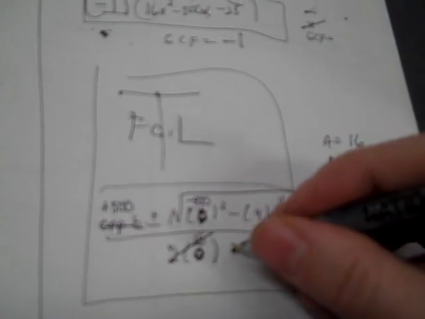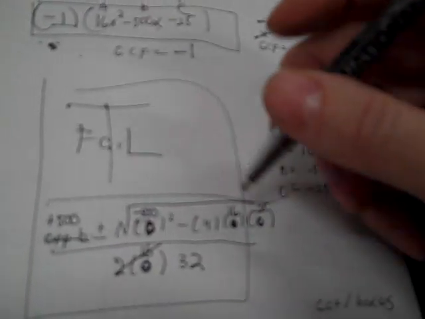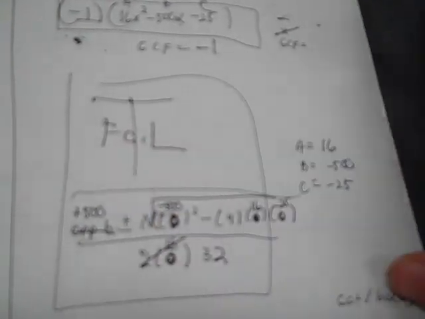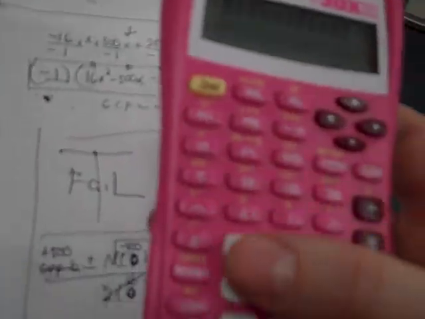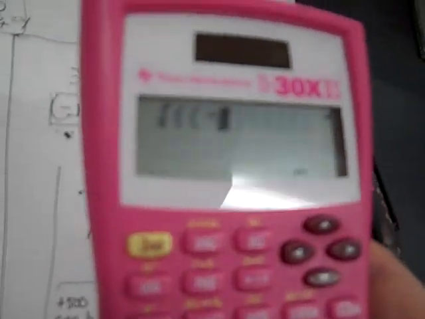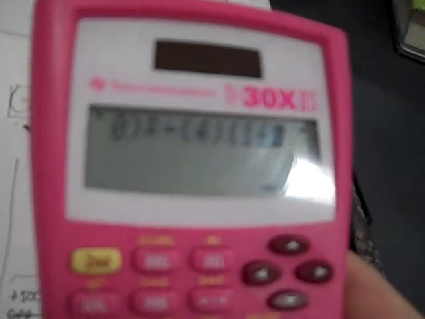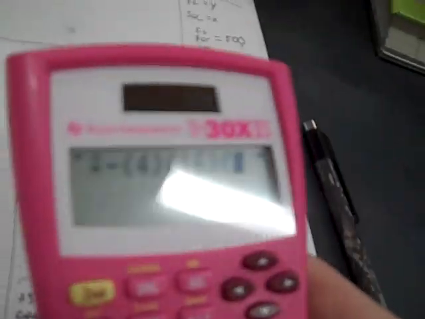So 2 times 16 is 32. Use a calculator if you don't know it. Now we got to figure out my square root. So I need double parentheses at the beginning. So I go second, 4 keys up, double it, negative 500, close it, to the second power, minus 4, 16, and negative 25.